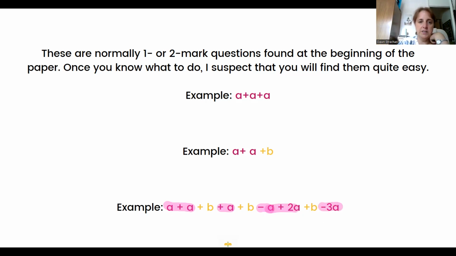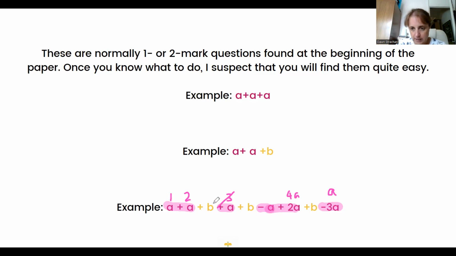We'll look at the b's in a moment, but what I've got here is 1, 2, 3 a's. Take an a, so that takes me back down to 2 a's, plus another 2 a's, so that gives me 4 a's. Now I'm going to take away 3 a's, so that leaves me with 1a altogether. So that's my a's sorted.